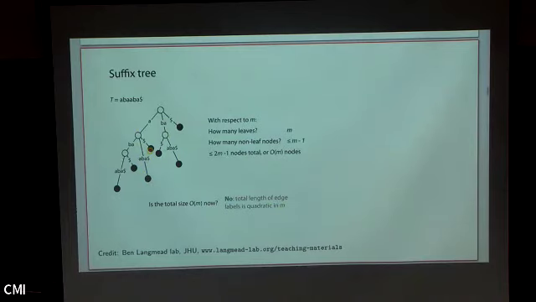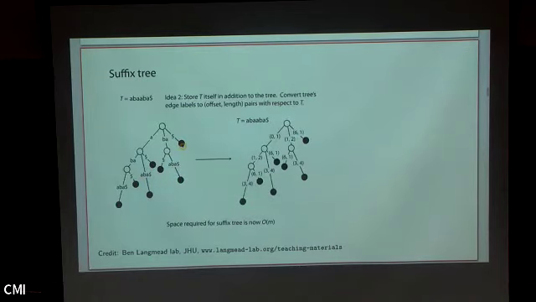So the next idea for suffix trees is you don't have to store the labels. You can store two numbers, the starting index and the ending index in the string where that label occurs. So you store the text itself. You keep a copy of the text that is of order m, and these labels become offset-length pairs.